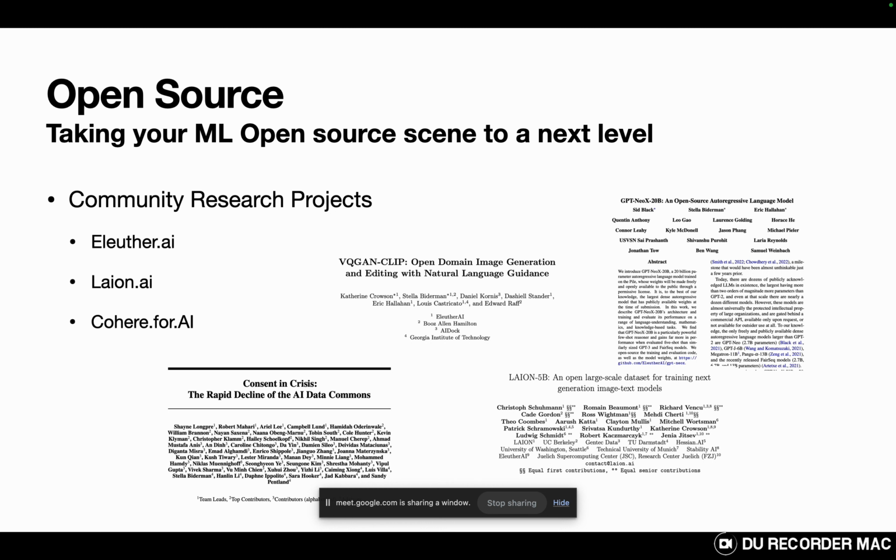So I will talk about 3 or 4 different communities, how you can join those communities, how you can get involved in these types of projects, and how you can actually take your open source contributions to a next level.